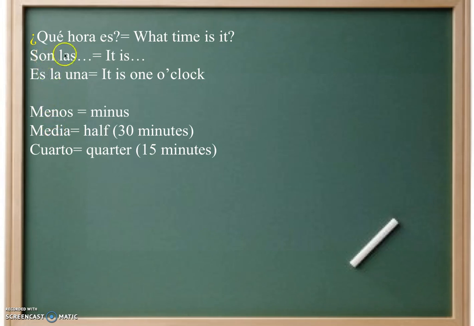So we have son las dos y media: it is 2 and 30 minutes, it means it's 2:30. So we have menos, which is minus, media, which is half, and cuarto, which is a quarter. And these will come more naturally to us once we start practicing them.